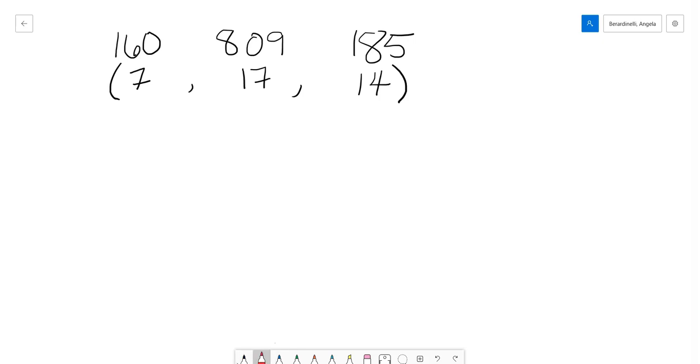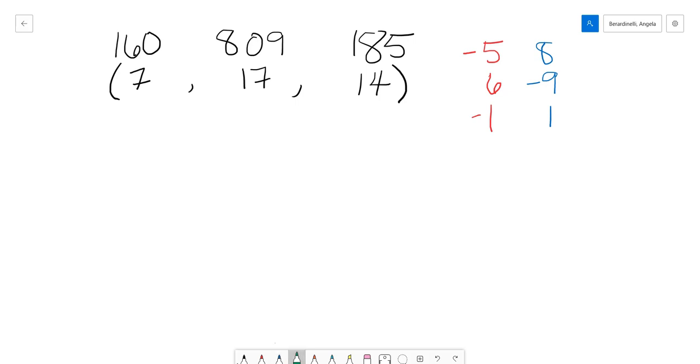And then our X moves will be 1 minus 6, that's negative 5. 6 minus 0, that's 6. And 0 minus 1, that's negative 1. Our Y moves will be 8 minus 0, that's 8. 0 minus 9, that's negative 9. And 9 minus 8, that's positive 1.